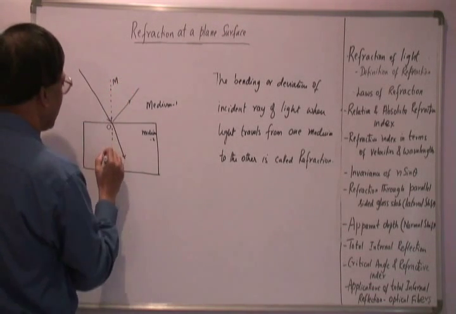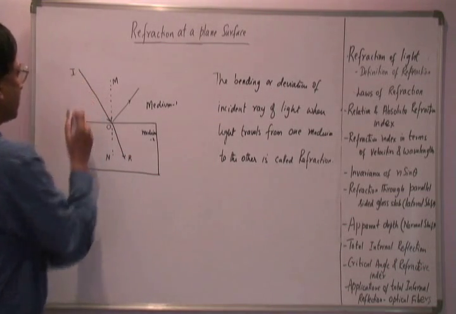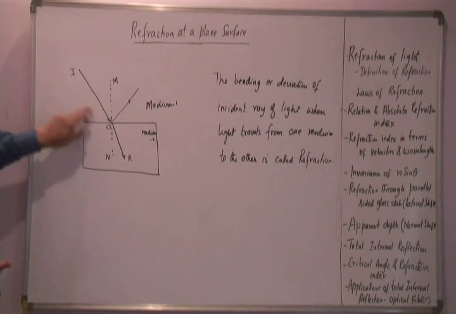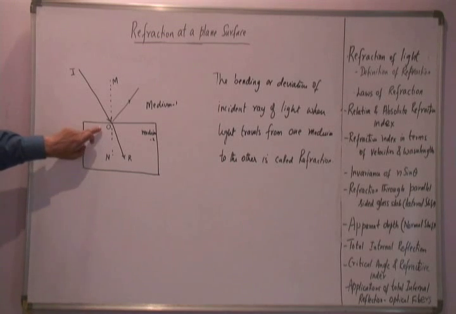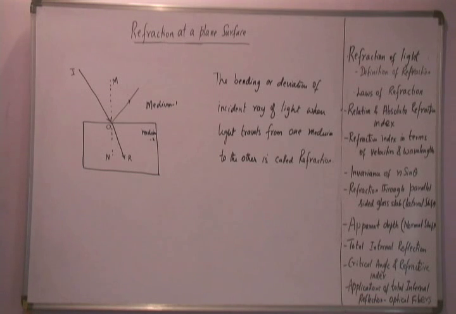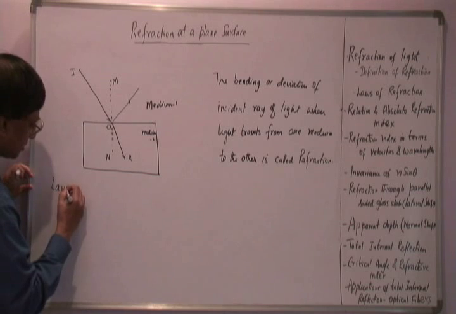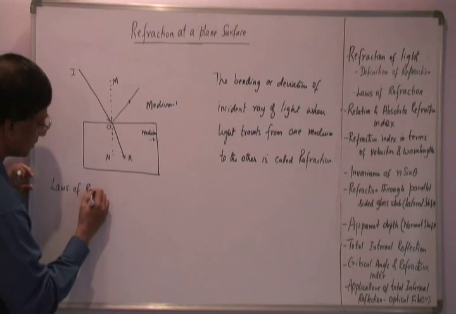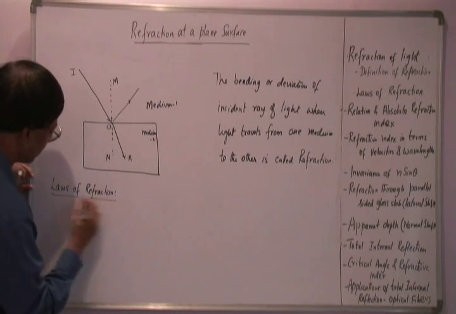So OI is the incident ray, MON is the normal at the point of incidence O, OR is the refracted ray. So the laws of refraction, let me state the laws of refraction here. We have two laws of refraction.